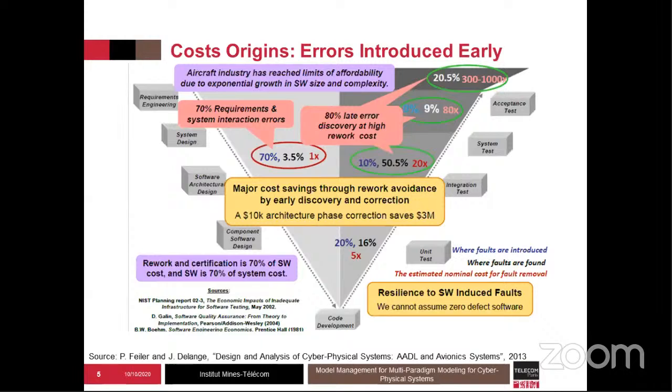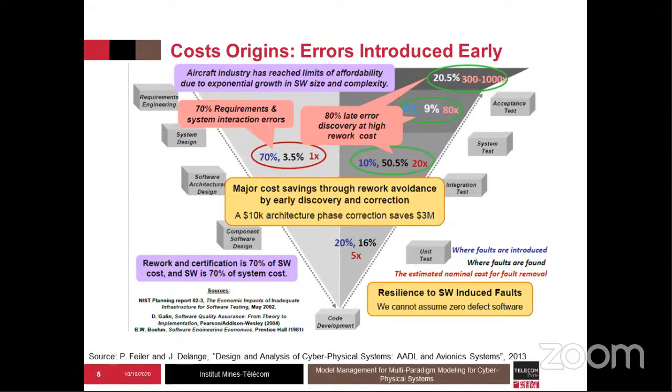And so people have studied why cost increases so fast when we have more and more functions in a system, and they have discovered that it's because many design errors or requirements errors are introduced early in the development. So this, for those of you who know it, is the V-cycle model of development. It is very well used in the development of safety critical systems.